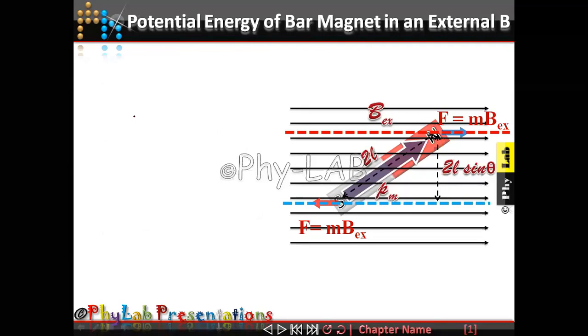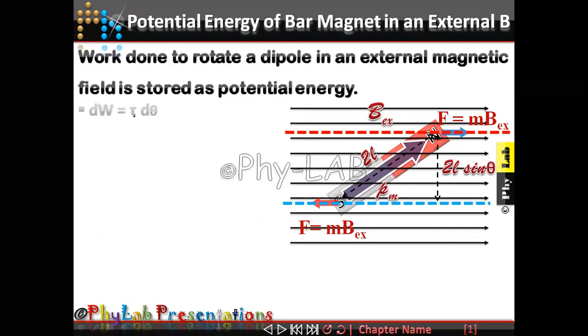Now the potential energy of any bar magnet when placed in any uniform magnetic field: the same expression that you have derived for the dipole moment over there, the same mathematics will follow up. I'm just quickly going ahead with this part. If you want to understand how all these things came, the derivation, please refer to the electrostatics.